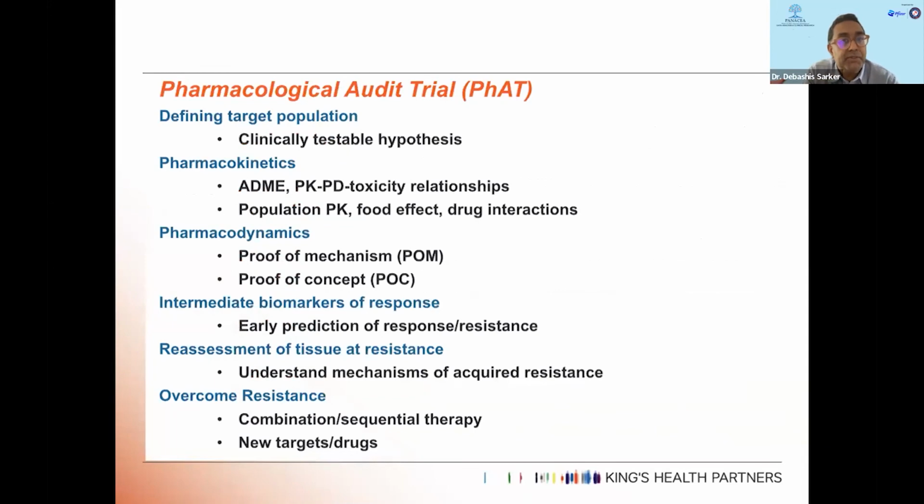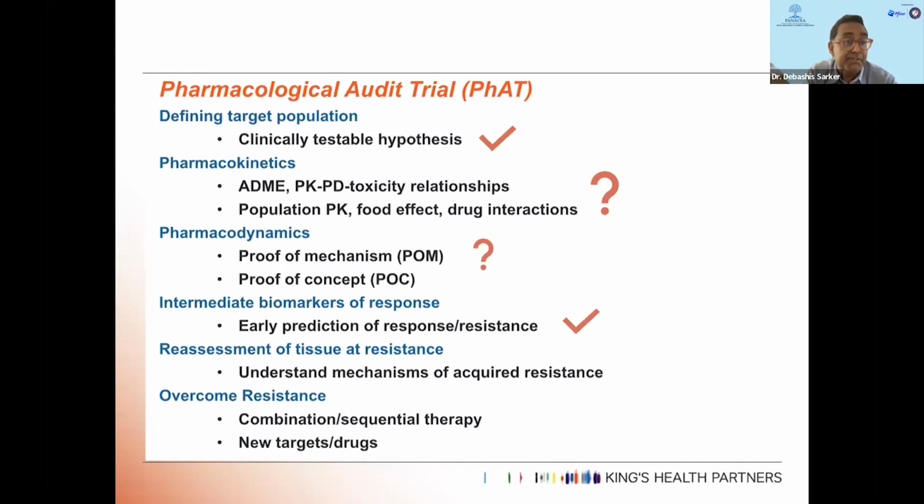So going back to our pharmacological audit trail, did we define the target population for this study? We did, because it was patients with specifically only KRAS G12C mutations. Did we do the pharmacokinetics? In terms of what's published here, there's a little bit, but not a huge amount. The PD, I put a question mark here, but in fact the amount of pharmacodynamic data is very minimal.